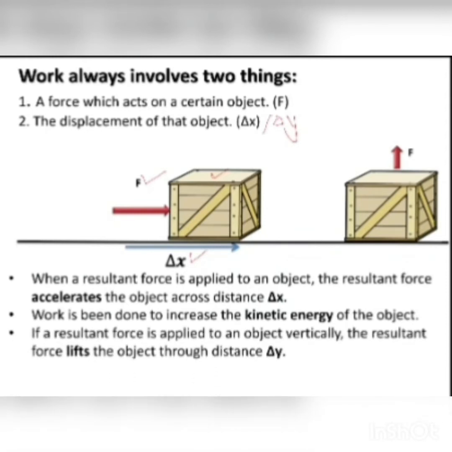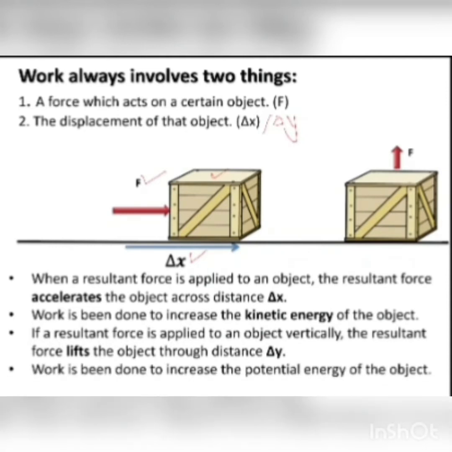Then if an object experiences a resultant force in a vertical direction, that applied force in the vertical direction is going to lift the object through the change in Y, which is in this case the vertical displacement.